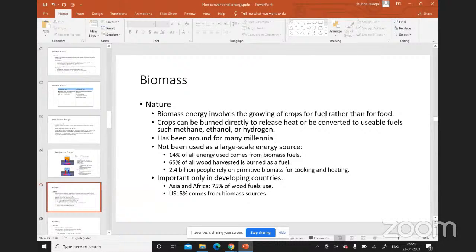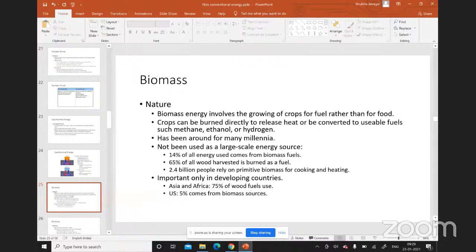So what are the different kinds of fuels that we can use and that are considered biofuels? That is what we'll be seeing here. On a larger scale, biomass is not actually being used. Again, here there are some statistics.